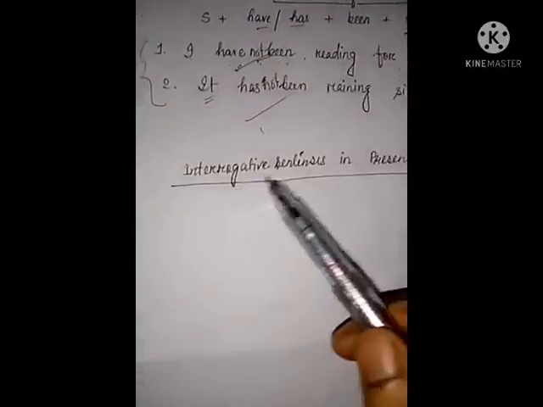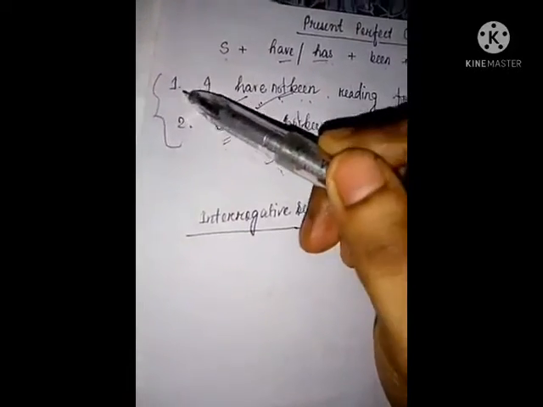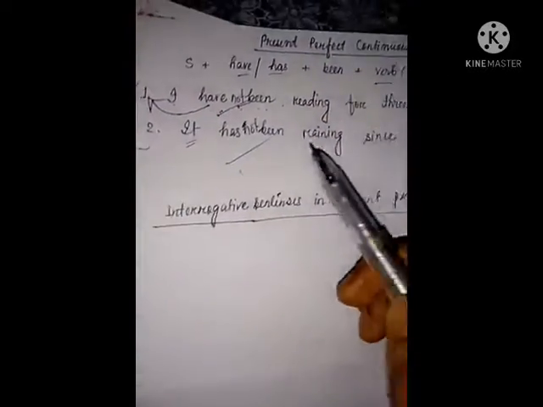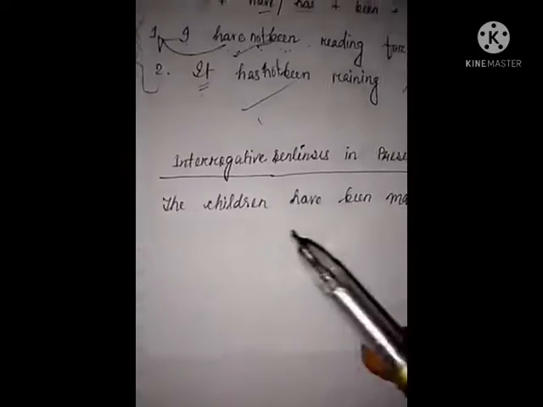To make interrogative sentences we just have to move the auxiliary verb before the subject and the rest remain the same.